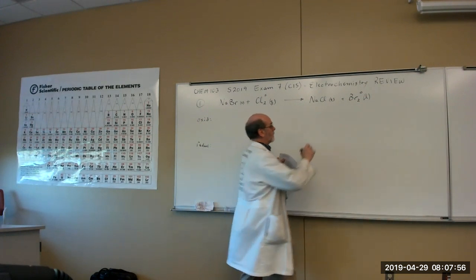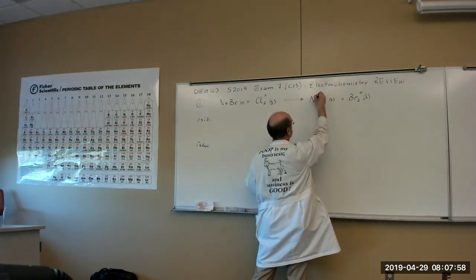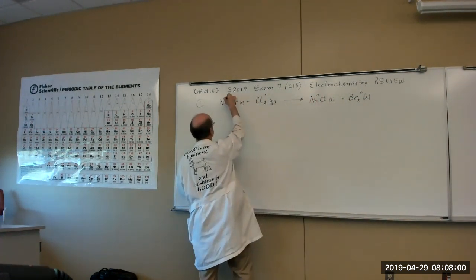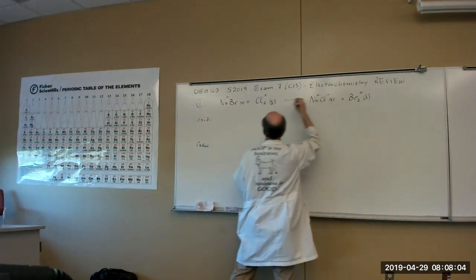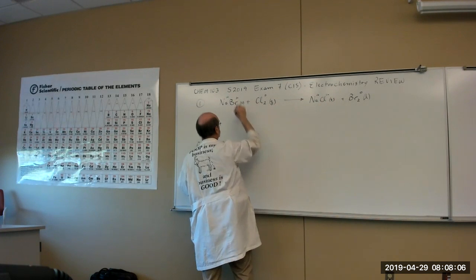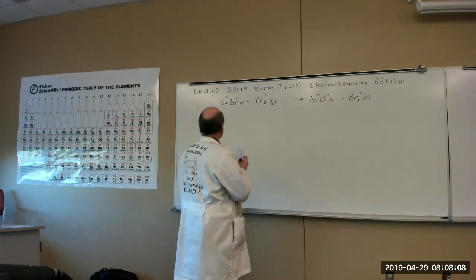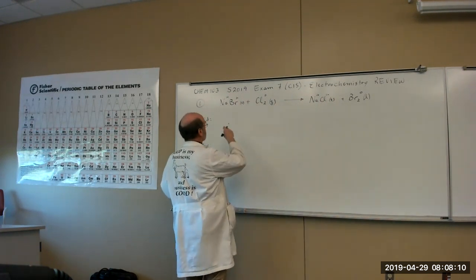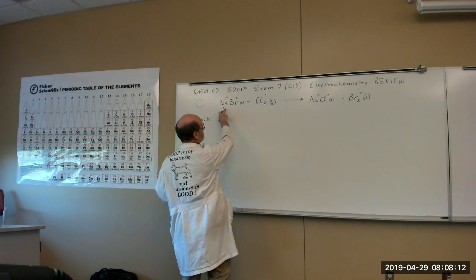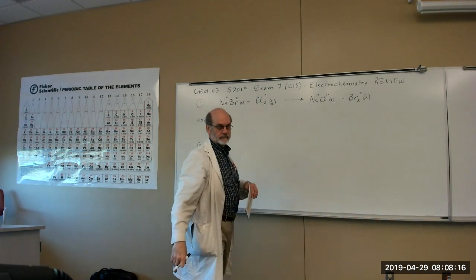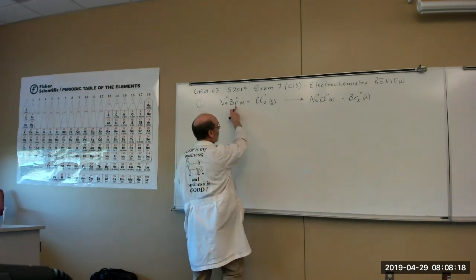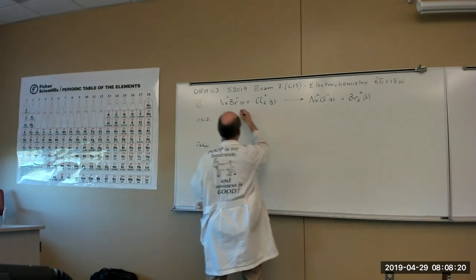They're always +1. That means chlorine's going to be 1 minus, bromine's going to be 1 minus. So now we can tell which one's which. What happened to sodium? Nothing. Sodium's a spectator. Bromine went from -1 to 0.